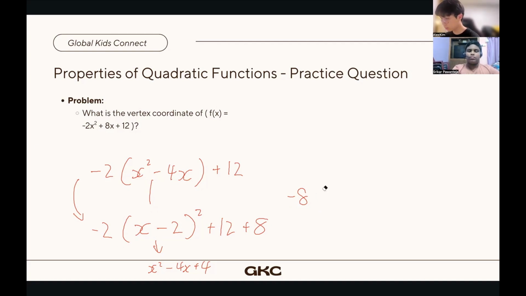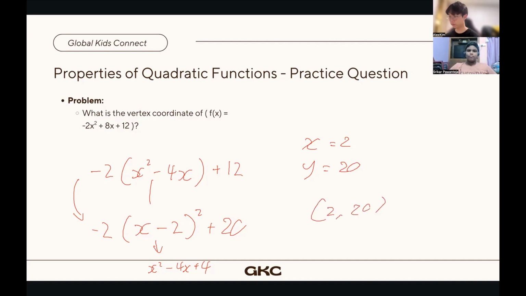And so if we do this, then we can quickly say that 12 plus 8 will result in plus 20, so that we get an x value of 2 and a y value of 20 for our vertex point. And so our vertex coordinate will be 2 comma 20, which will be our final answer.